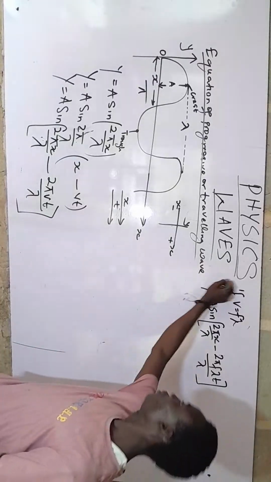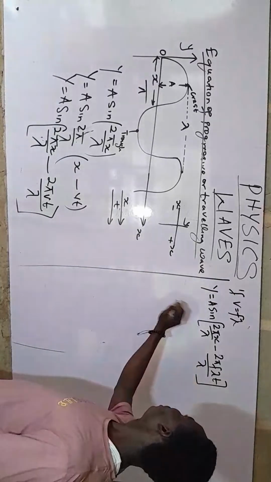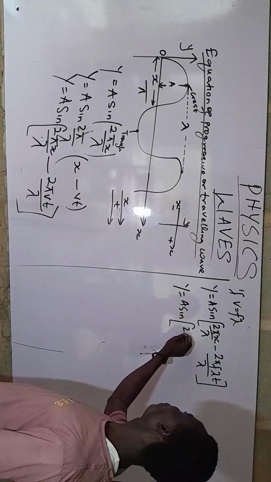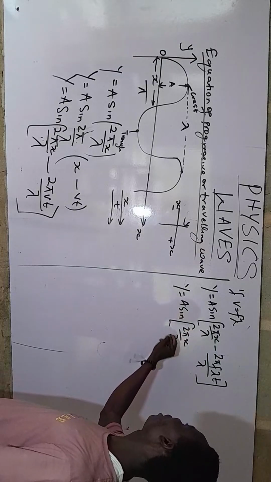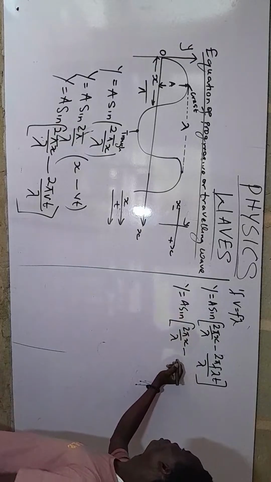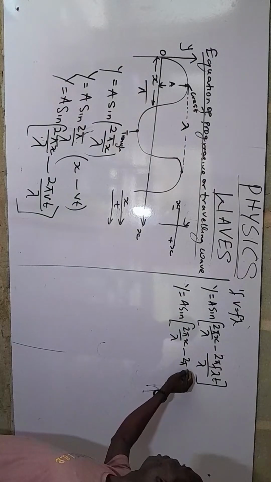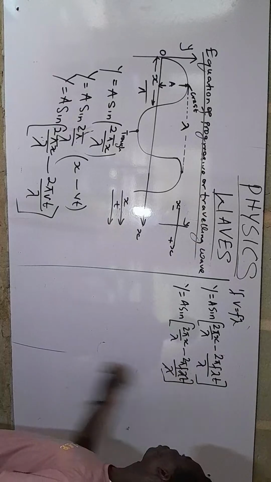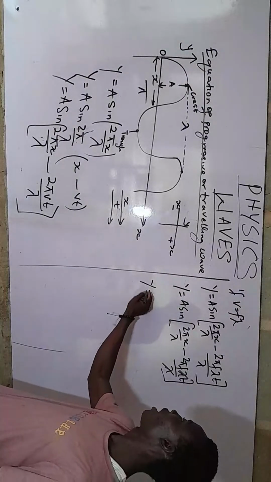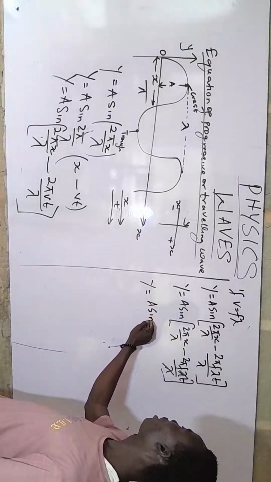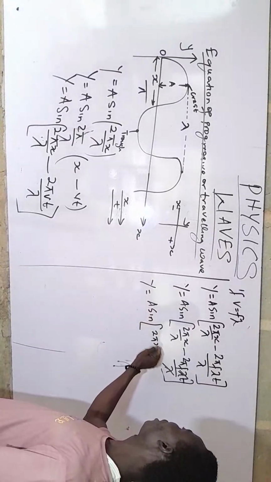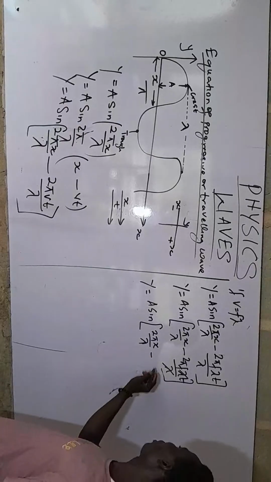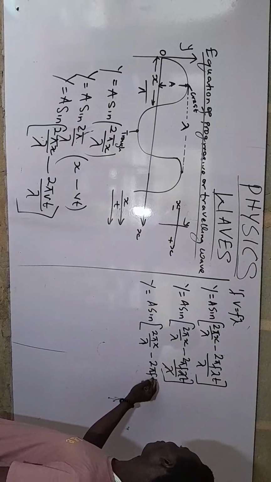Now, then we are going to have y equals a sine into bracket 2 pi x over lambda, then minus 2 pi f lambda t over lambda. Lambda will cancel lambda, leaving behind y equals a sine into bracket 2 pi x over lambda, then minus 2 pi ft.